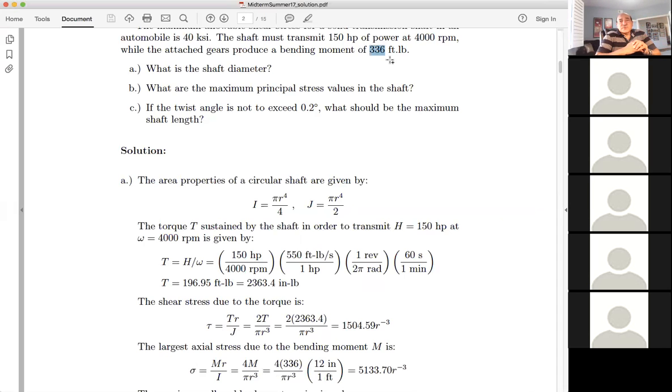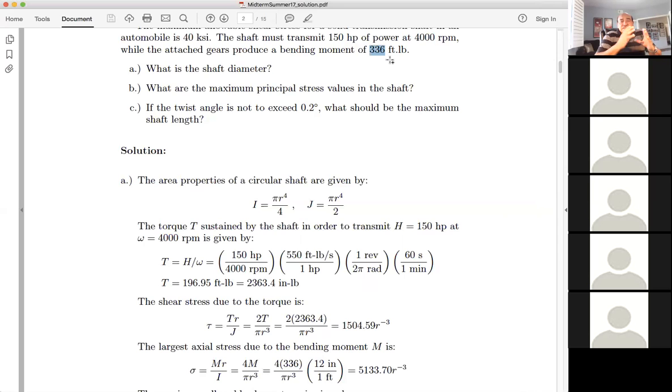And the forces produce a moment. So the moment that we have here is 336 foot-pound. So when we have a moment, the moment produces a tensile force on the bottom and compressive on the top, a maximum at the top or bottom fibers.